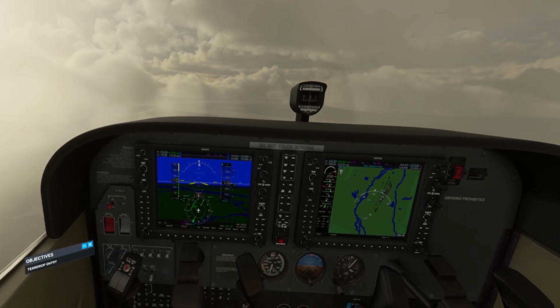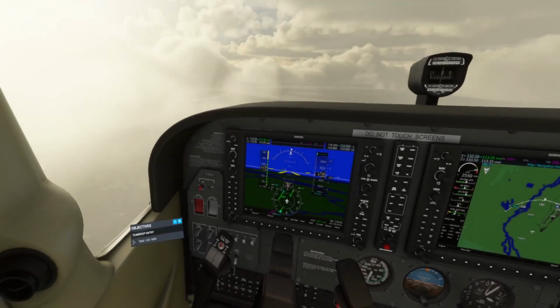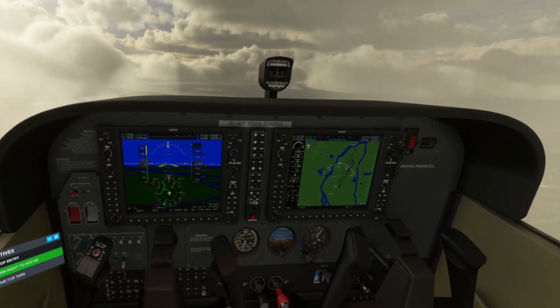We're arriving at Southampton VOR. Fly heading of 180 for 1 minute.